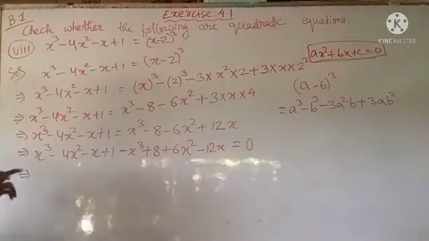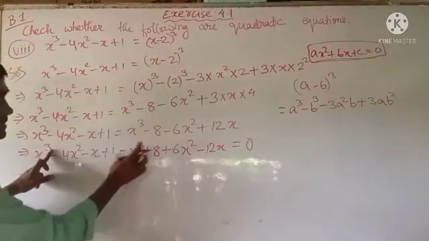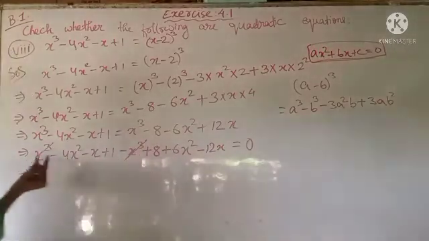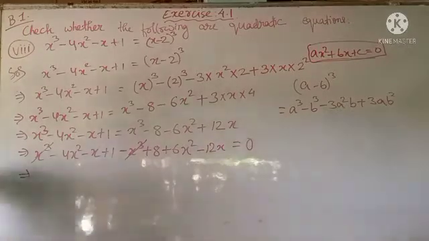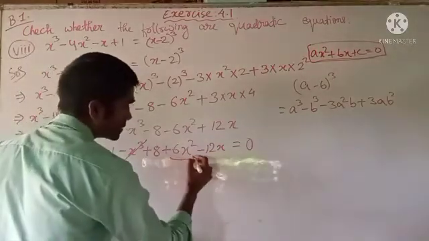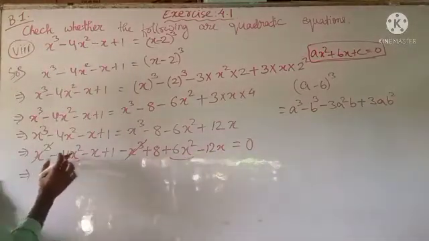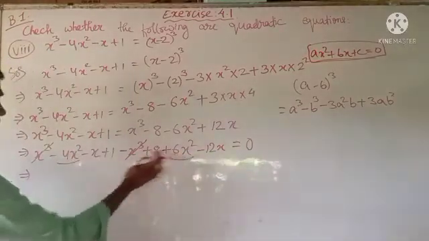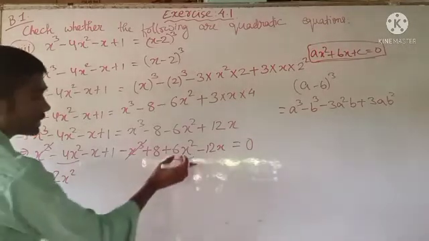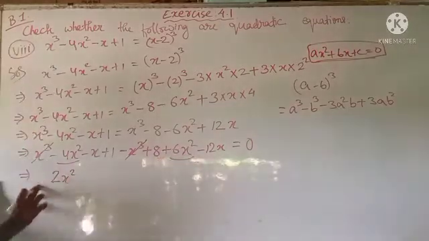So here plus x cube and minus x cube we can cancel it because both the values are same and the sign is opposite. Now minus 4x square plus 6x square. So minus into plus, it is minus. So 6 minus 4 will get here 2x square. Sign of greater integer is plus, so plus.